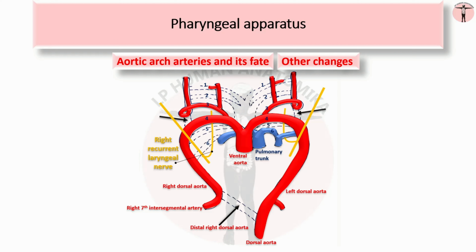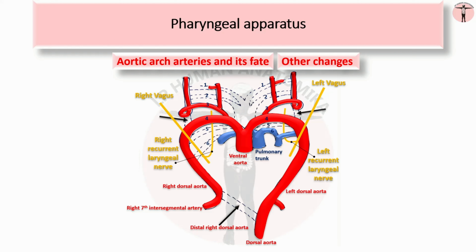Initially, the right recurrent and the left recurrent laryngeal nerves, branches of the vagus, supply the 6th pharyngeal arches. When the heart descends, they hook around the 6th aortic arches and ascend again to the larynx, which accounts for the recurrent course.